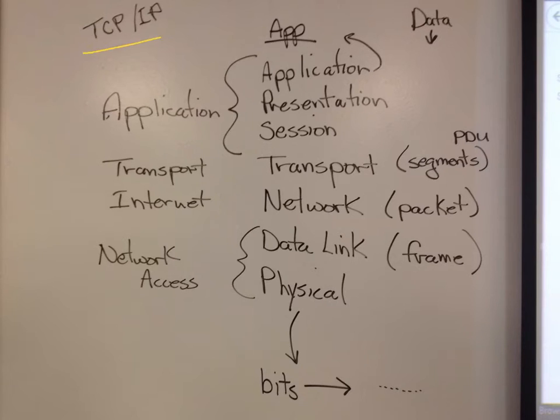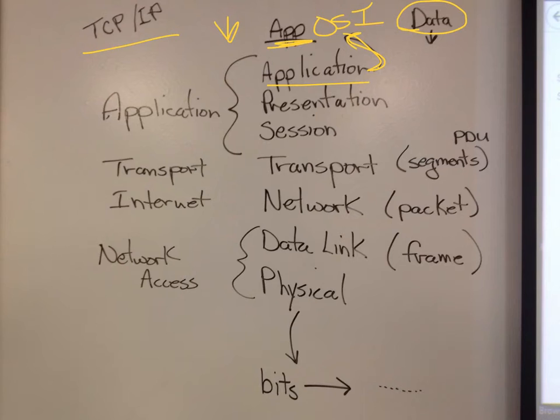Now, protocol suites, TCP/IP, and we have the OSI models. These are models that represent our communication flow. We have to control the flow of communications. So we start out with some data. It might be a URL, LinkedIn, so we have some application.